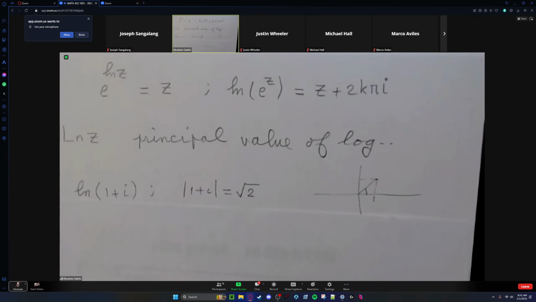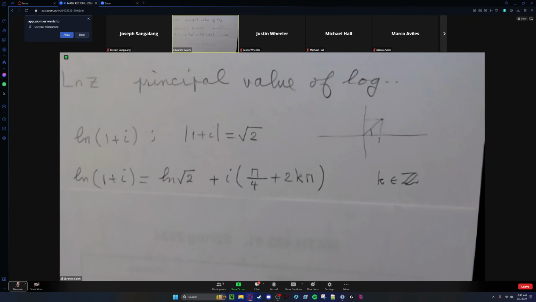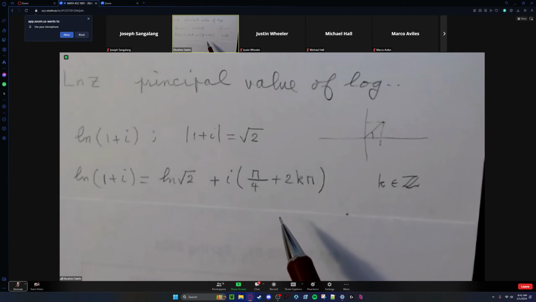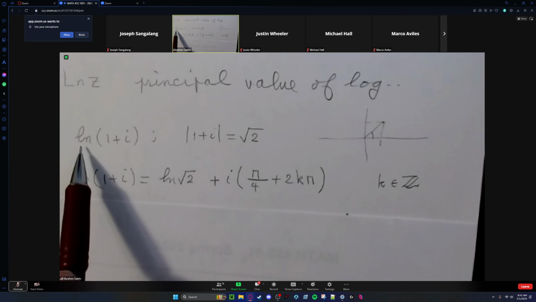So here, well, that example was done earlier, but the difference between this example and the previous one is that here we are not talking about the principal branch.